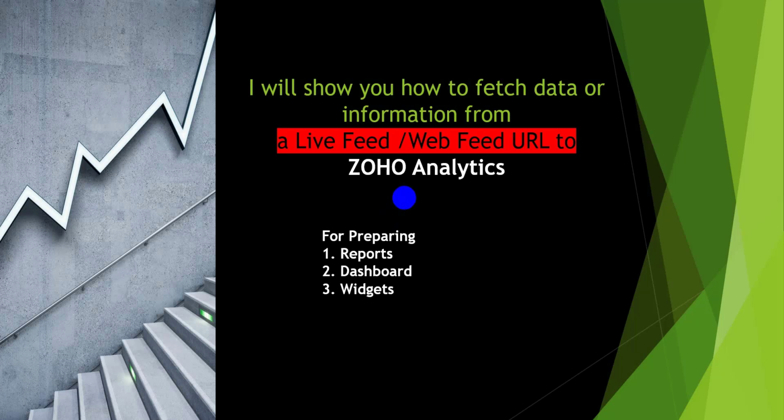After the data is stored in Analytics, you can prepare reports, dashboards, or widgets. Whenever the data is updated in the cloud, it is updated in the analytics system in real time or on a schedule.